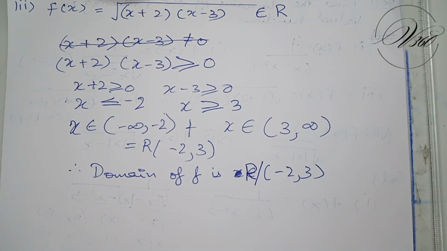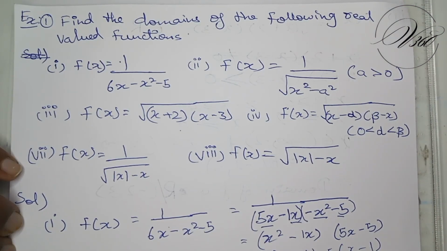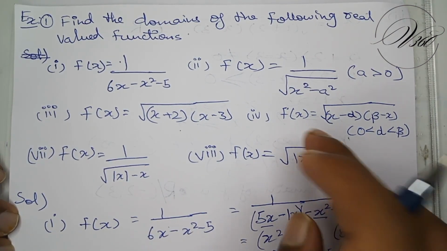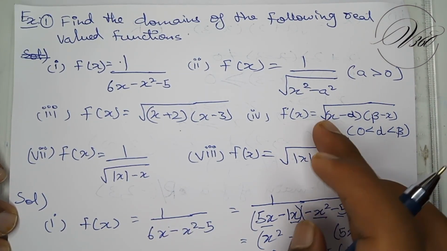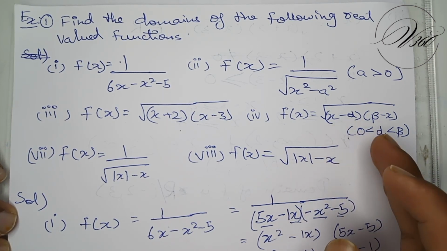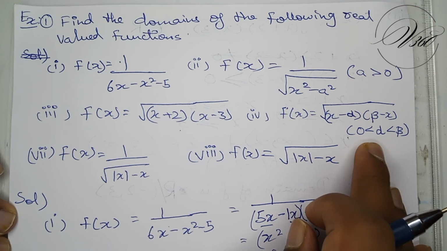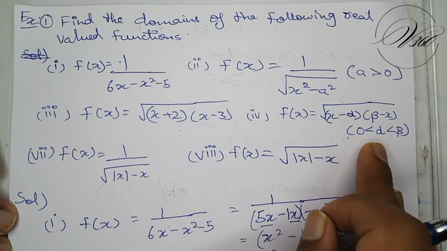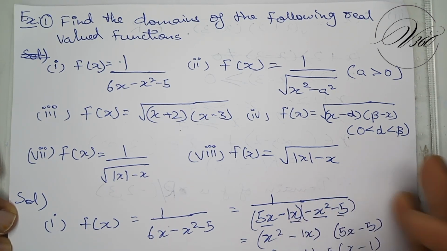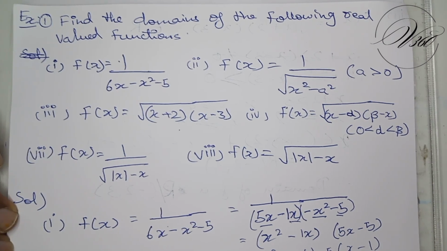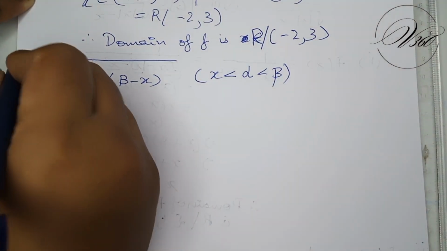This is the answer for domain of f. Now we will do the fourth bit, that is f of x is equals to under root of x minus alpha and beta minus x. Now here 0 is less than alpha and alpha is less than beta. Okay, this is the note given here. Now here we have the fourth bit.